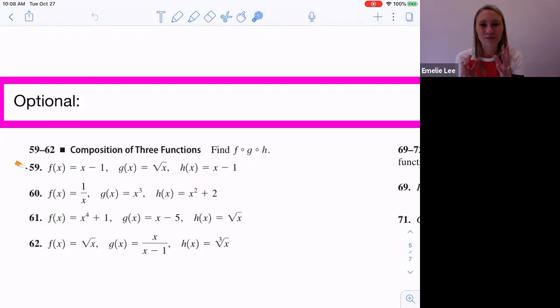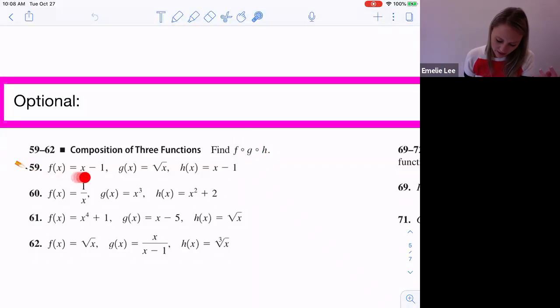Anyways, H can go into G, and then that G of H can go into F, right? And so here we can compose with as many Russian stacking dolls, we can stuff as many functions inside these functions as we want. It's just going to get complicated very quickly, right?